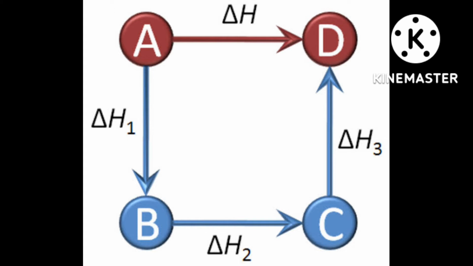Consider a simple reaction: graphite carbon plus half O2. O2 means gas and graphite means solid.